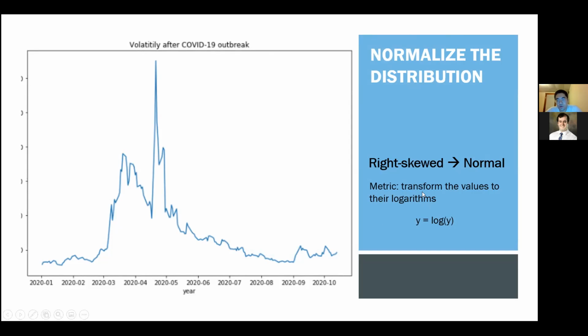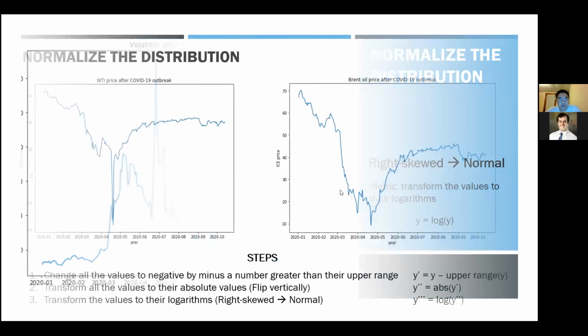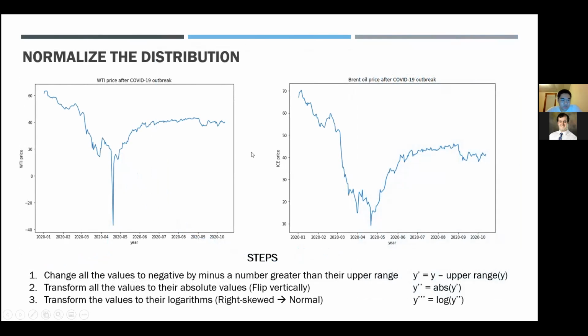So we use a logarithm to transform it to a normal distribution, by changing the values to their logarithms.